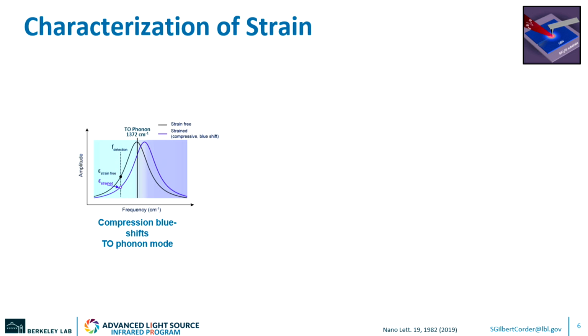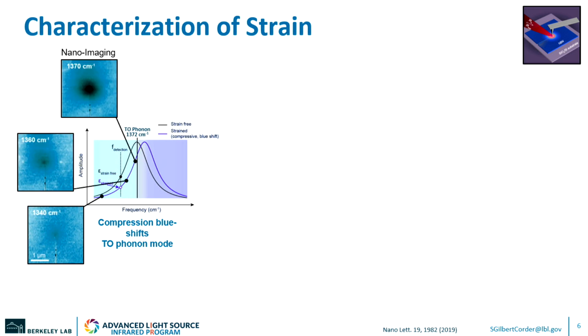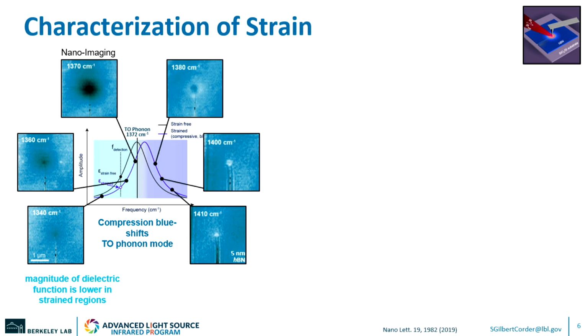And for a particular nanoimaging detection frequency, where an unstrained region would have a relatively bright near-field amplitude or high contrast, at the same imaging frequency, the strained region would be darker. That is indeed what was observed as we move through the resonance curve here, getting closer to this TO phonon mode. We do see that the dielectric function is lower in these strained regions. These spots get very dark.